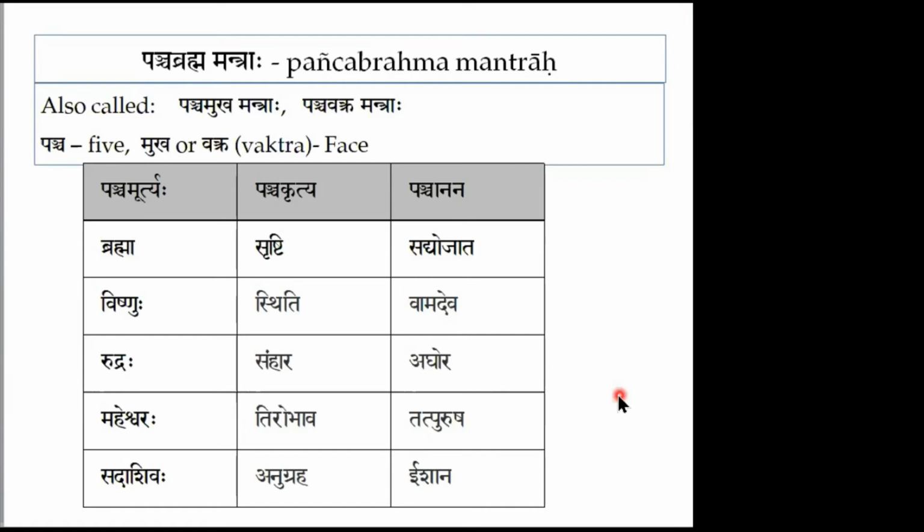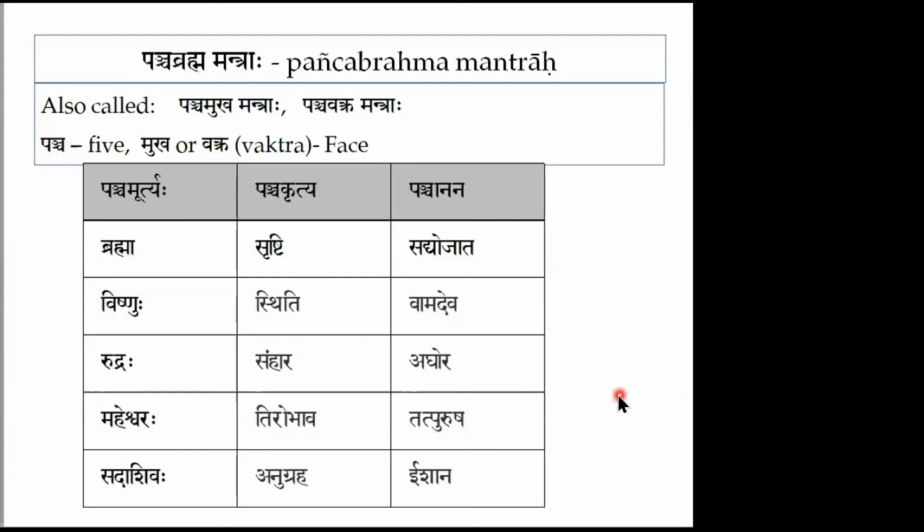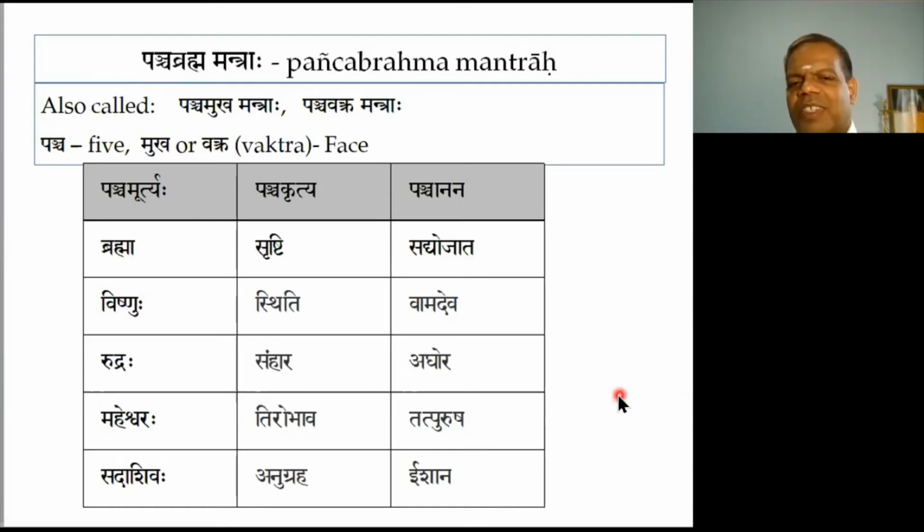This is generally from the Agamic principles, which is mainly Kashmir Shaivism, and I think in the south also, in Shaivite Agamas, these are mentioned. So west, north, south, east, and upwards.